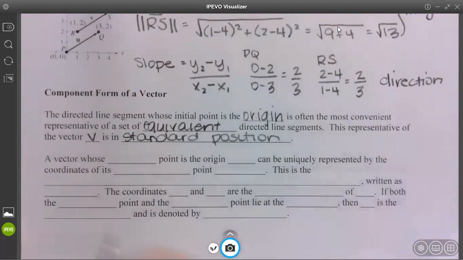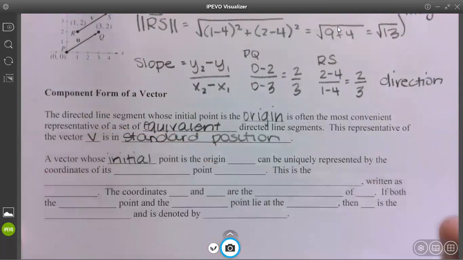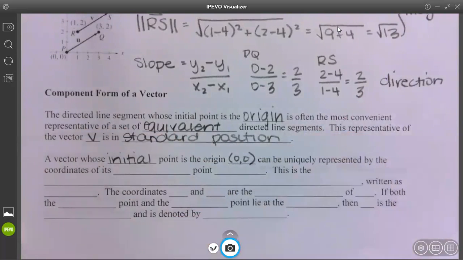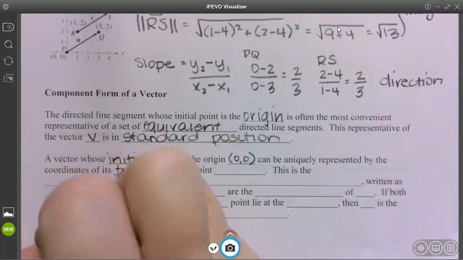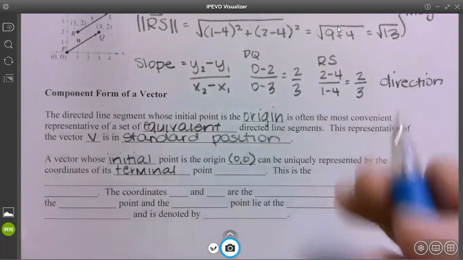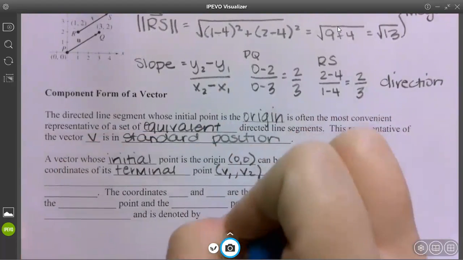A vector whose initial point is the origin 0, 0 can be uniquely represented by the coordinates of its terminal point V1, V2.